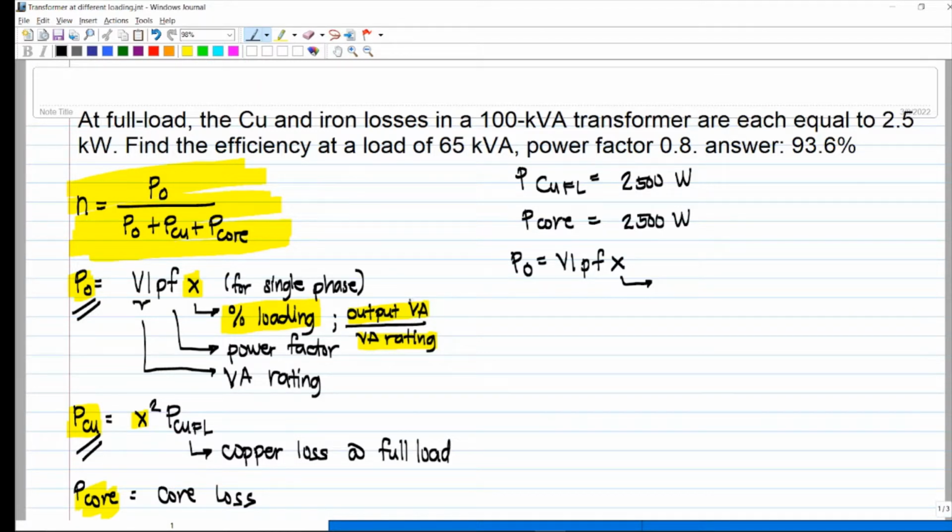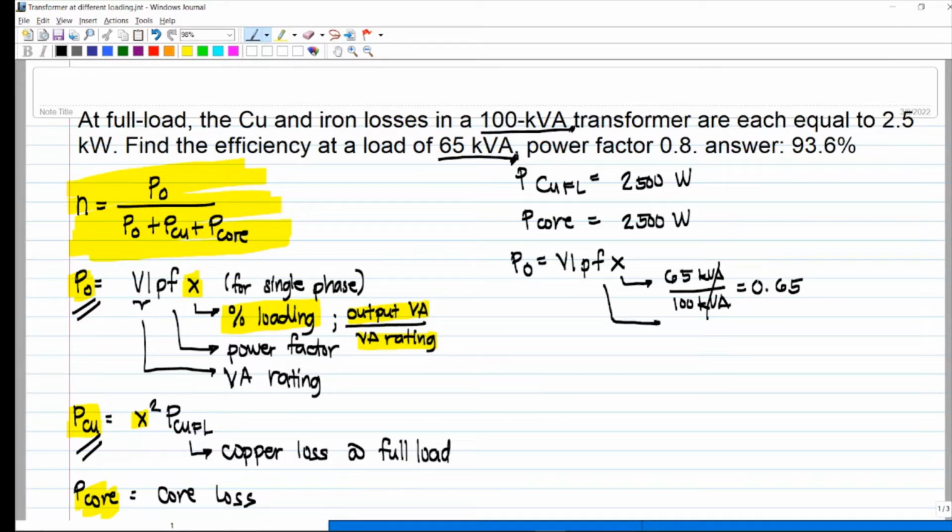Ang pinapasolve sa atin na efficiency is when the load is 65 kVA, that is the output, and the rating of the transformer is 100 kVA. Therefore, ang X natin is the output 65 kVA divided by the kVA rating of the transformer na 100. So, cancel na dito ang kVA and ang magiging X natin ay 0.65 or 65 over 100.